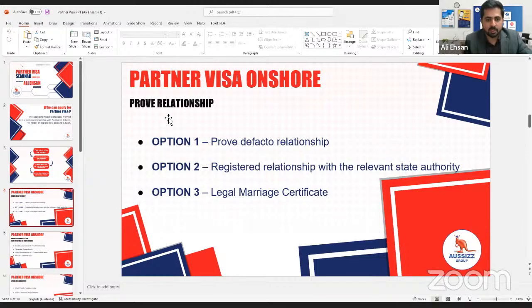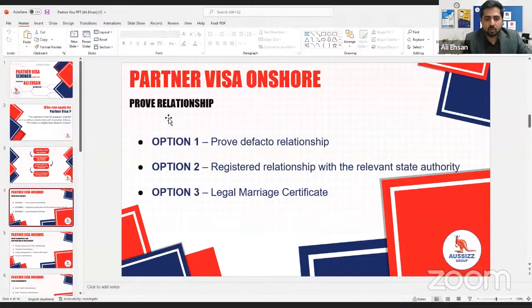To prove that under option 1, you must have lived together for at least 12 months before lodging the partner visa application.